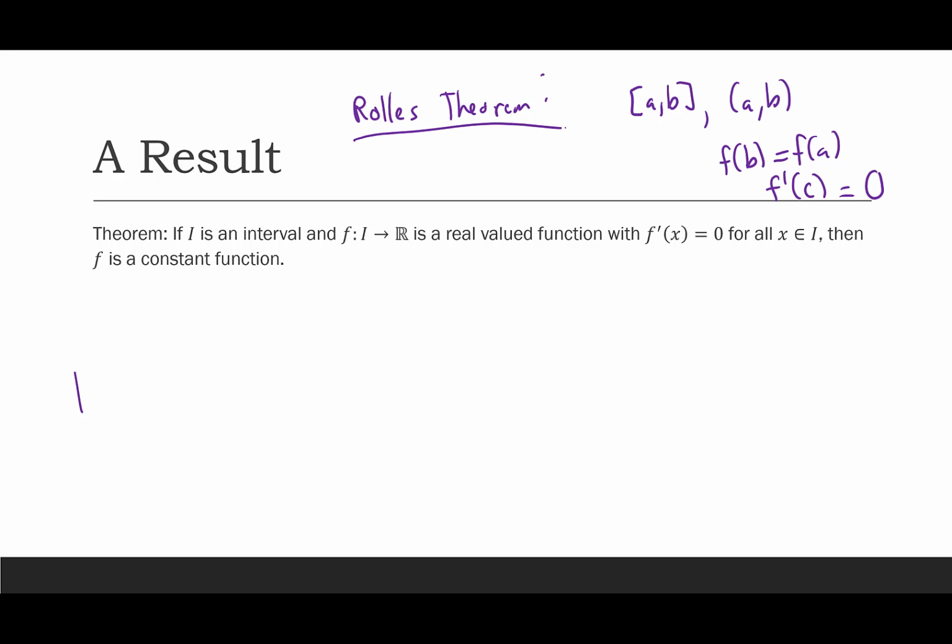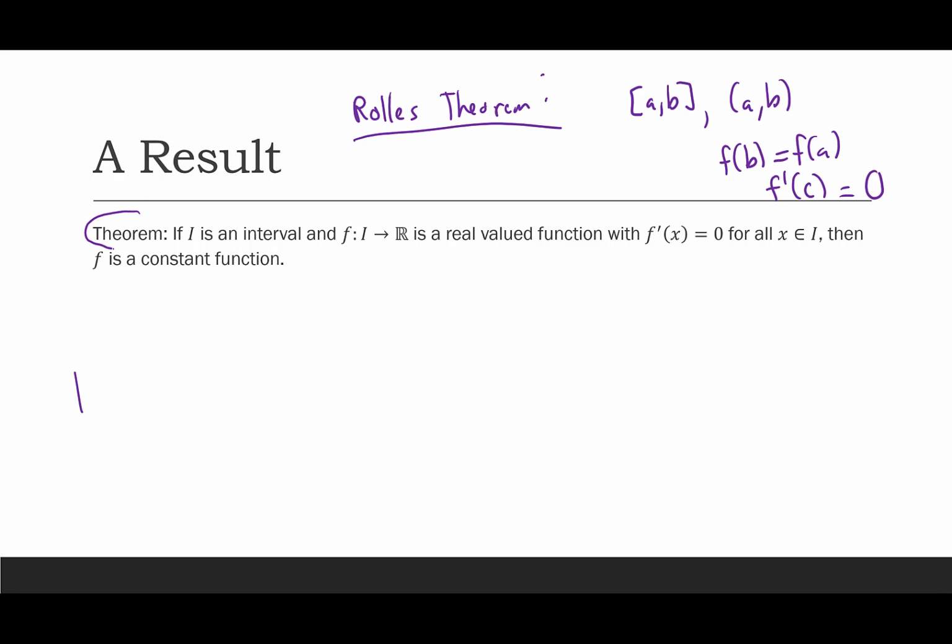That's Rolle's theorem. If you remember back from calculus, maybe you've seen this exercise or not, usually that's really useful in determining roots of a polynomial or how many roots a polynomial has.